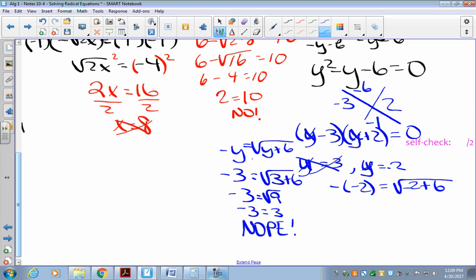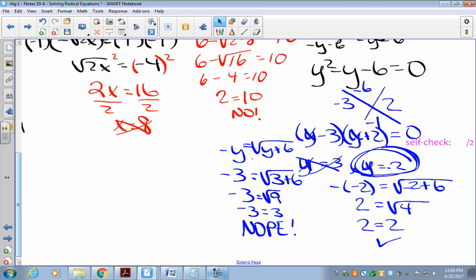Yeah. So when you have two negatives side by side, they make a positive. Negative 2 plus 6 is 4. Is 2 equal to the square root of 4? So y equals negative 2 is our answer. Extraneous solution.